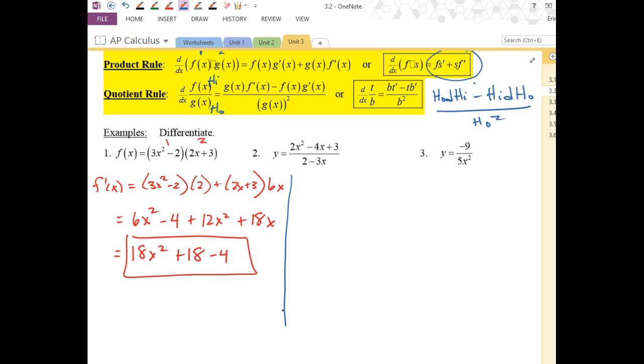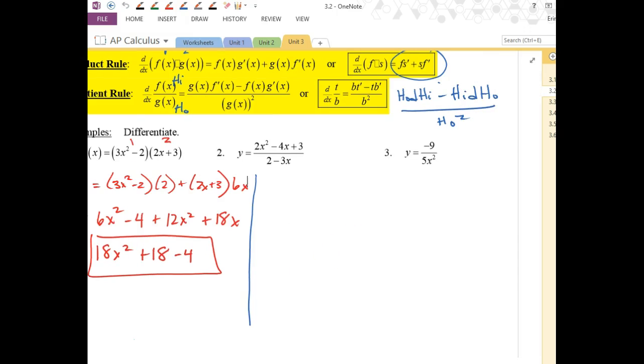The quotient rule, however, there's no going around the quotient rule. If we have a fraction with a quantity on the top and a quantity on the bottom, there's no other way to do it. You have to do the quotient rule. Okay, so how does the quotient rule go? I start with the ho, so I start with the bottom. 2 minus 3x times the high, the derivative of the top.